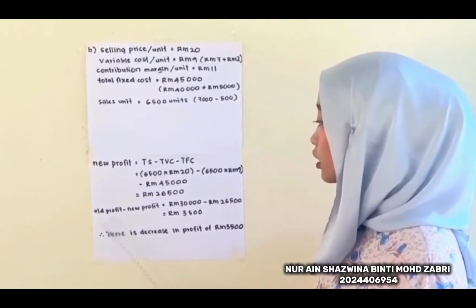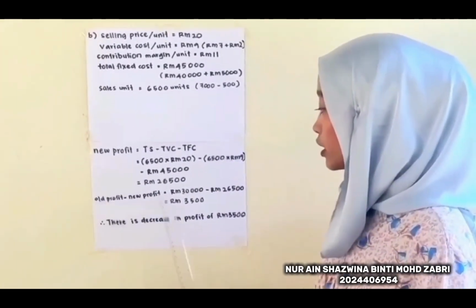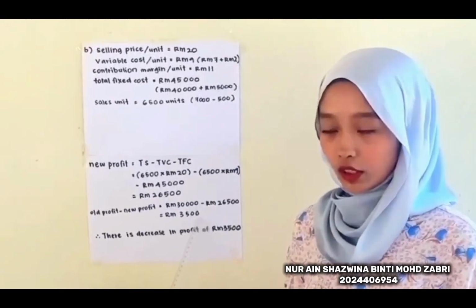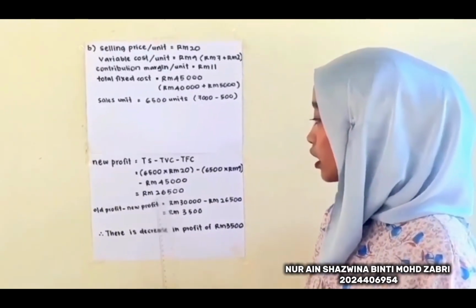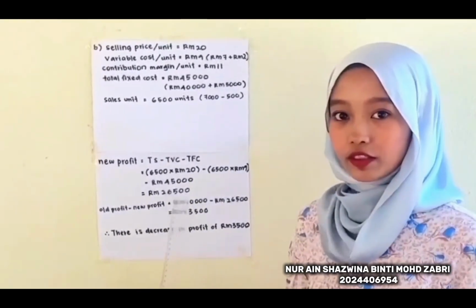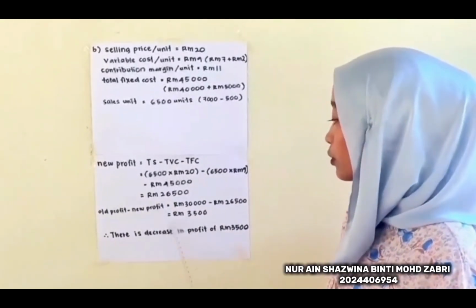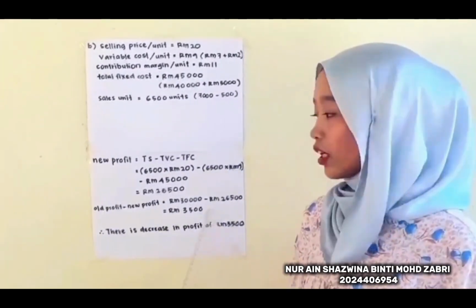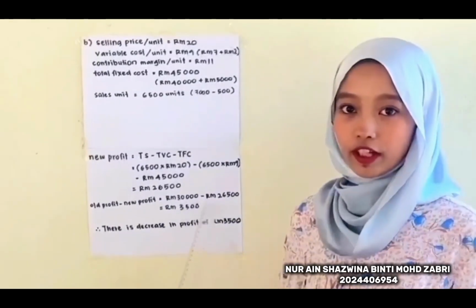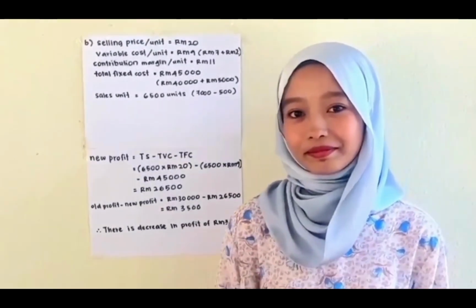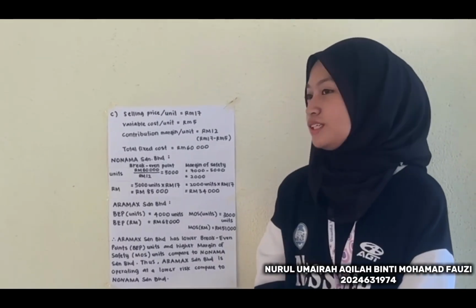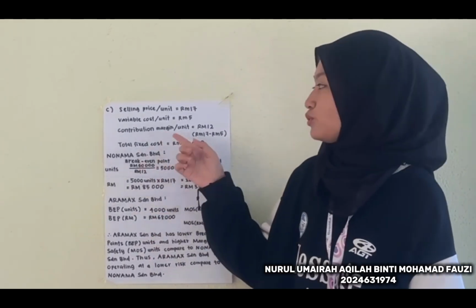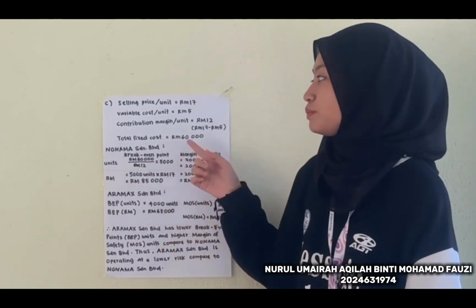So old profit is RM 30,000 and new profit is 26,500 ringgit. So there is a decrease in profit of 3,500.